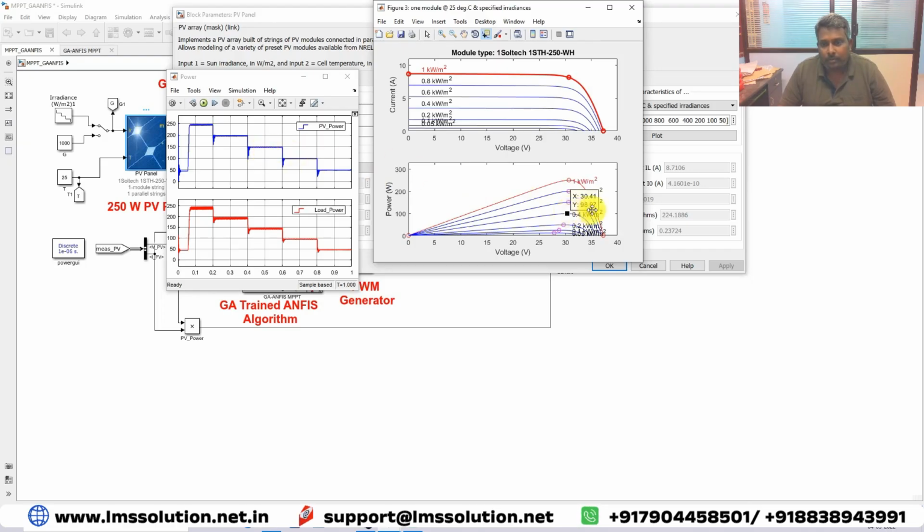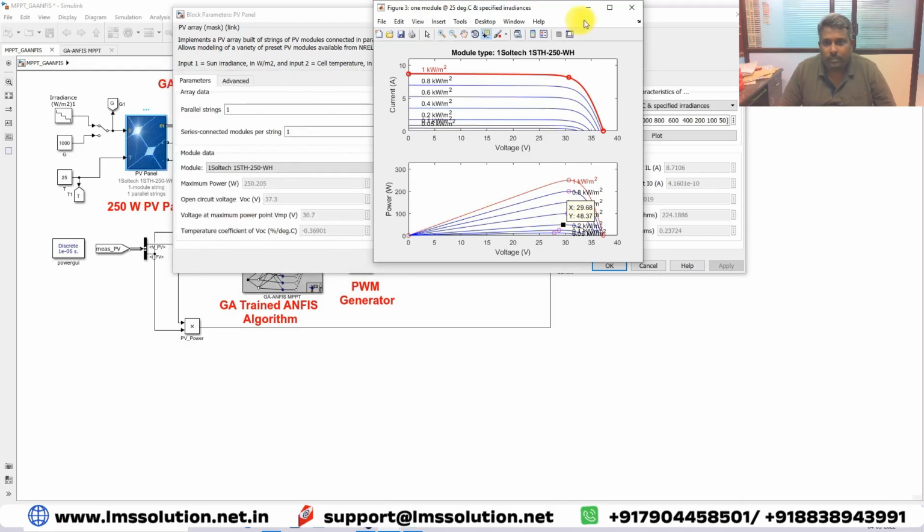For 400, it is around 98.97 theoretically, and in simulation we are getting around 98 watts. For 200, it is around 48, and here we are getting 48 watts. The GA trained ANFIS MPPT extracts the maximum power under changing irradiation conditions.